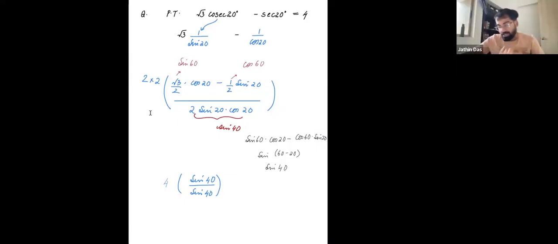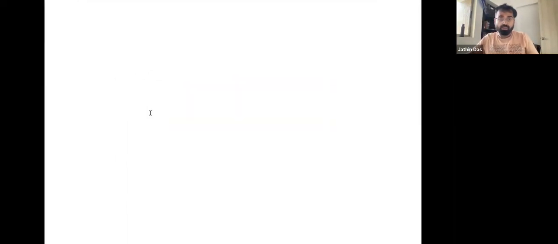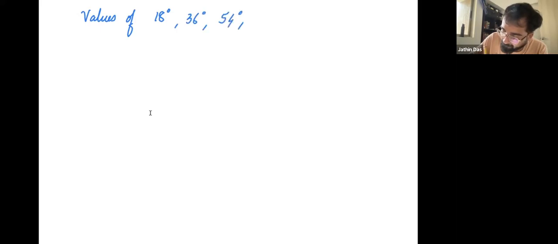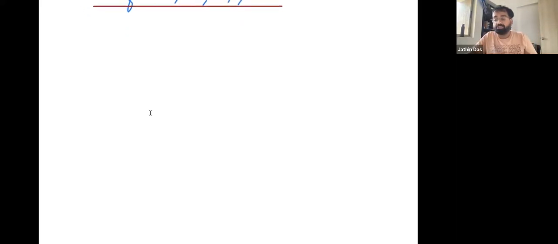Now the next and last standard angles that you need to know. I'll tell you which of these is more important, which has more weightage, but it's better to remember the other two also. The main thing is sine 18 and cos 36.